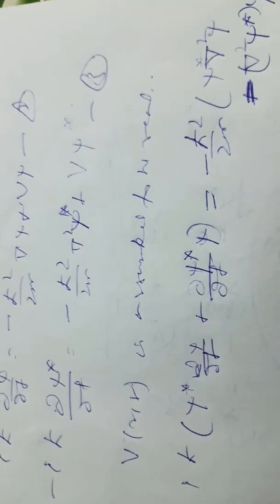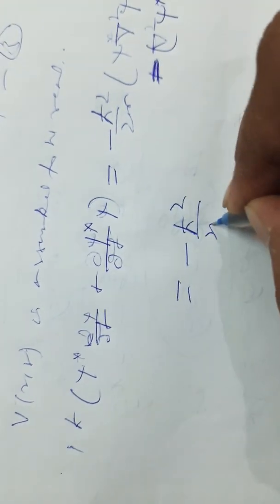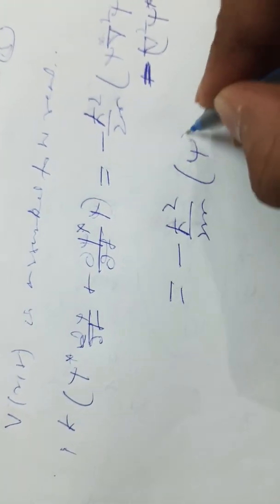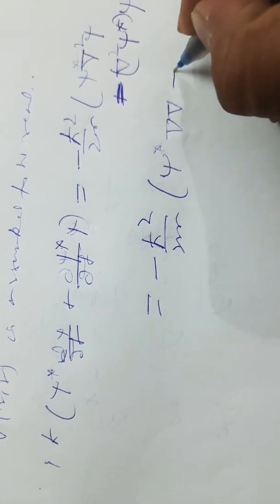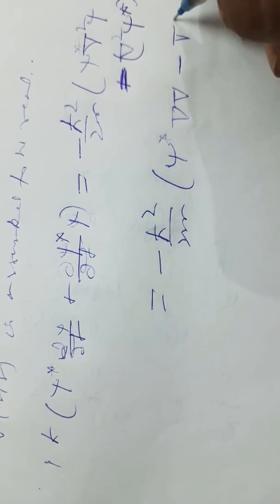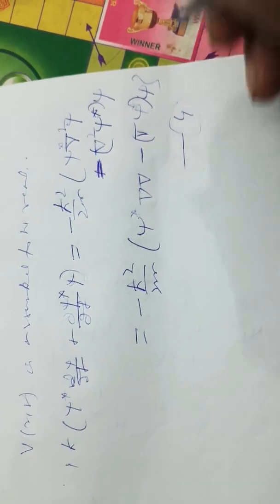This could be written as minus h cross square by 2m, del of psi asterisk del psi minus del psi asterisk into psi. So this will be equation number 4.